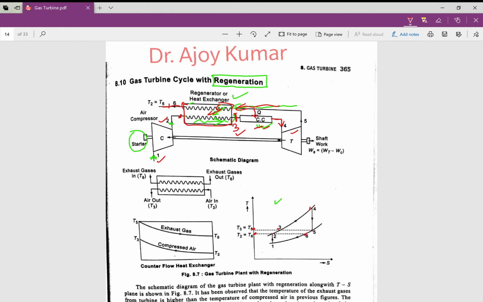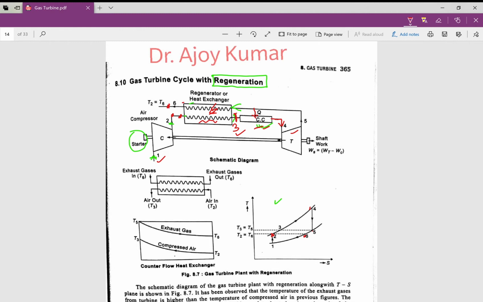So if we consider this regenerator or heat exchanger 100% effective, it means heat is fully transferred from this hot gas to this compressed air. So at that time we can see that temperature at point 6 should be equal to temperature at point 2.